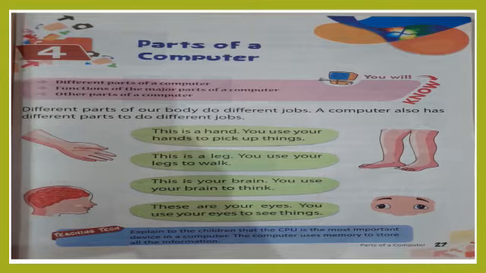We use our legs for walking, eyes to see the things, and we have our brain to think. Our brain controls all the functions of our body. Like that, each body part has its different function.